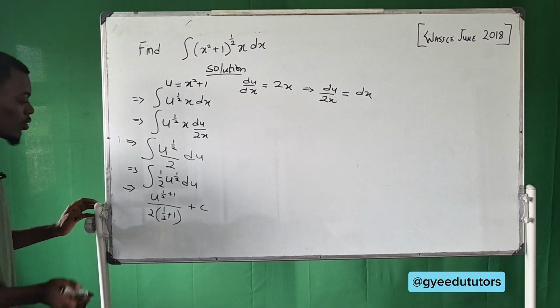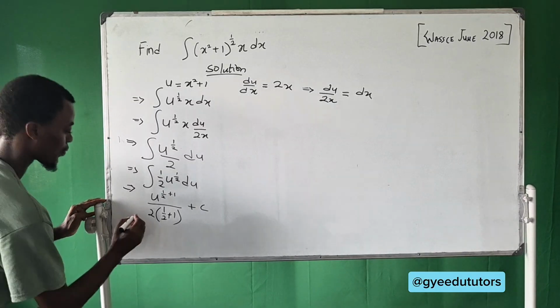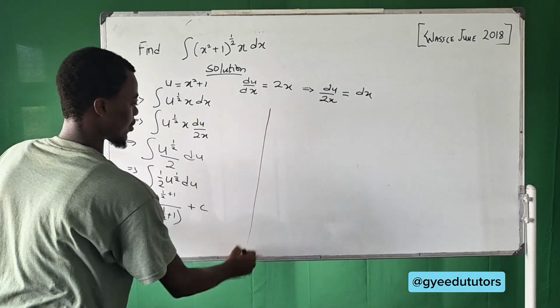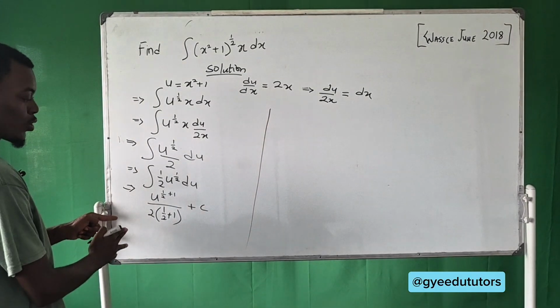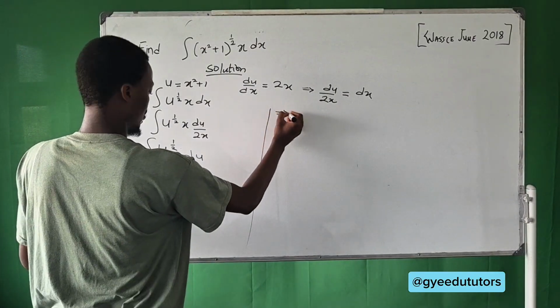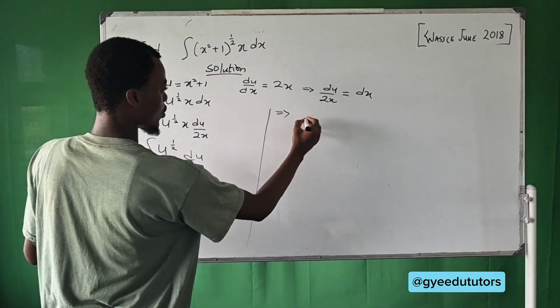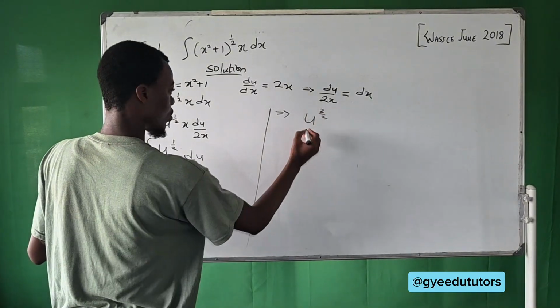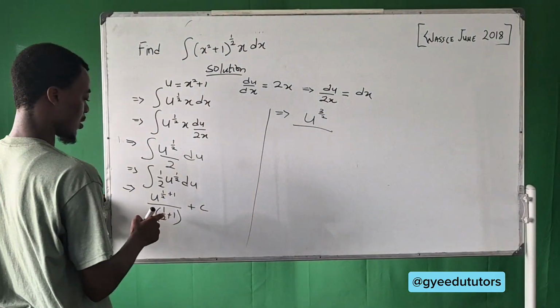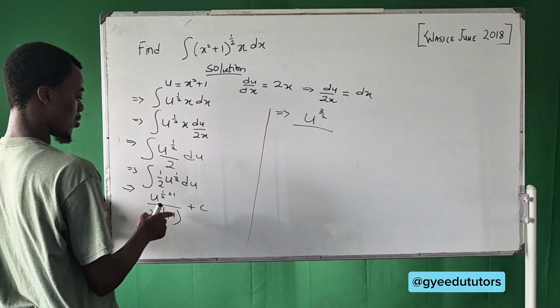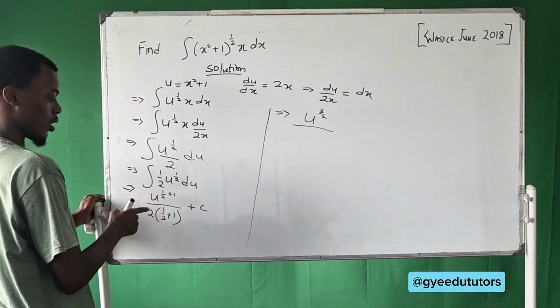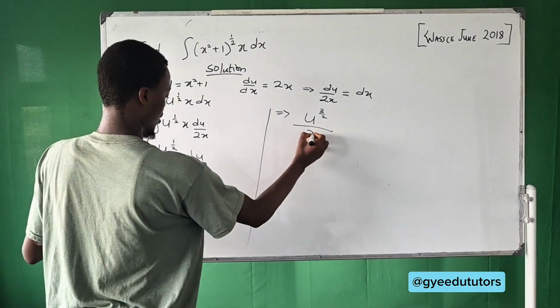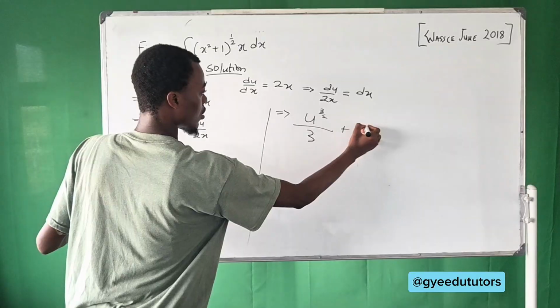Yeah, right? So now, continuing from this side, this one becomes u exponent 3 over 2, over half plus 1, which is 3 over 2, times 2, which is 3, plus constant.